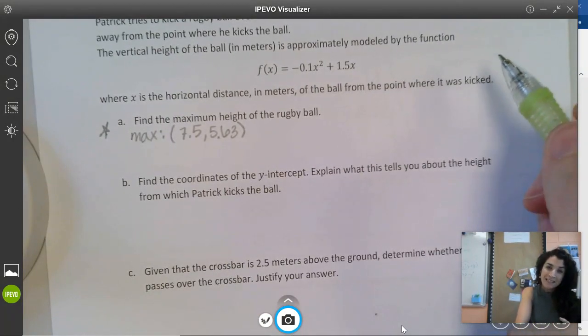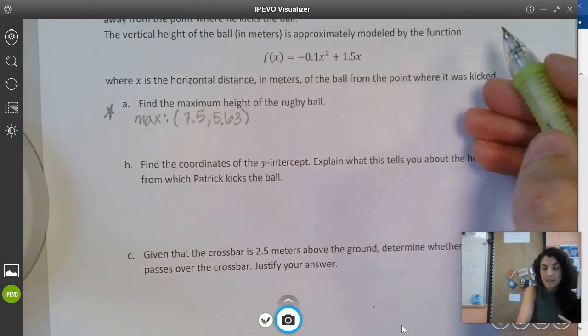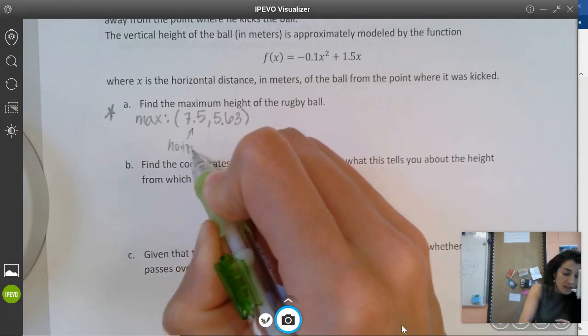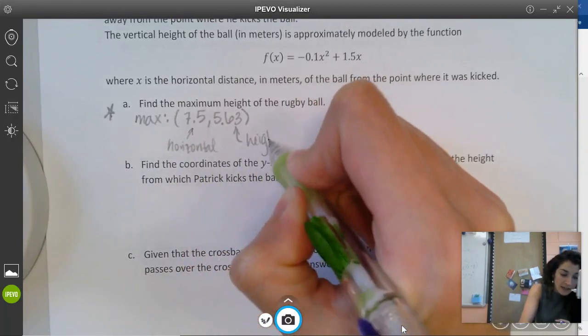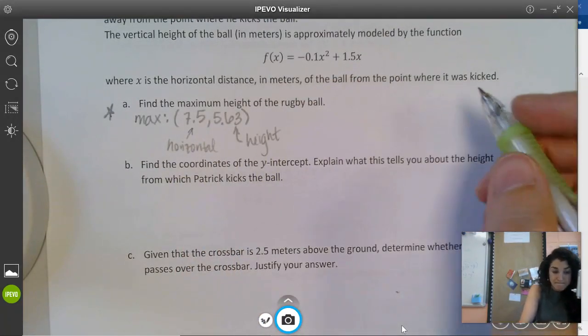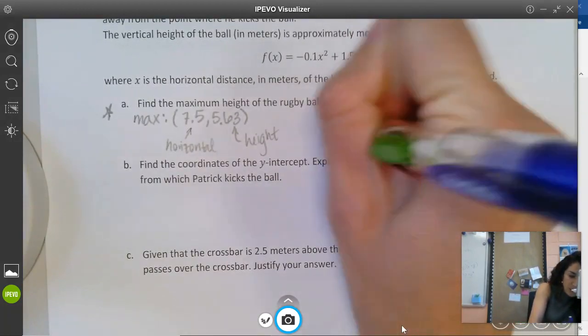The problem is asking, what is the maximum height? Which variable represents height? Well, x represents horizontal distance, and y represents height. So it's only looking for the y value here. So your maximum height is 5.63 meters.